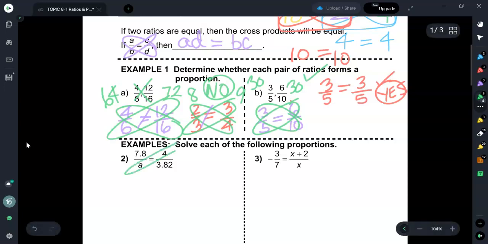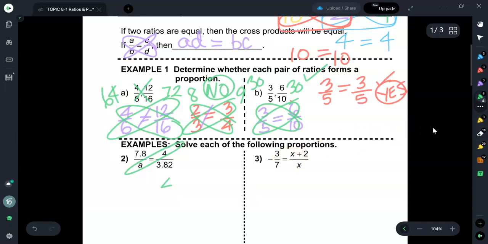Again, they're telling you up front that there's an equal sign. Notice up here, it's asking whether the equal sign can be placed, and we figured out no on this one, yes on this one. Down here, the equal sign is already there, so we know they're already equal.